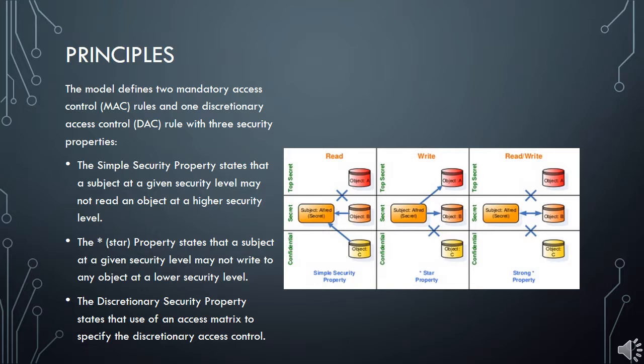In the second column, object B cannot handle object C. And for the last, read and write column, only objects at the same security level could handle each other, and it is a strong property.